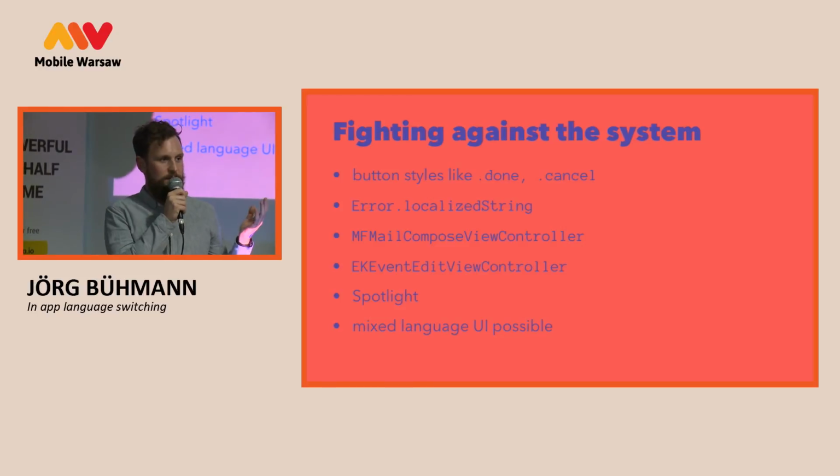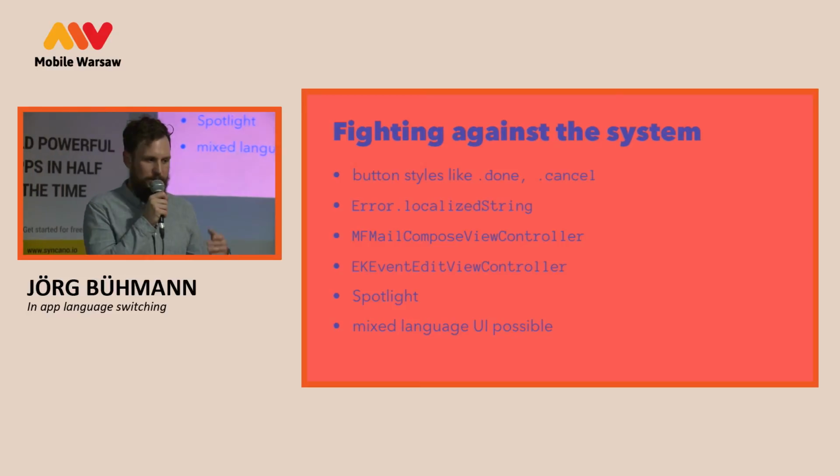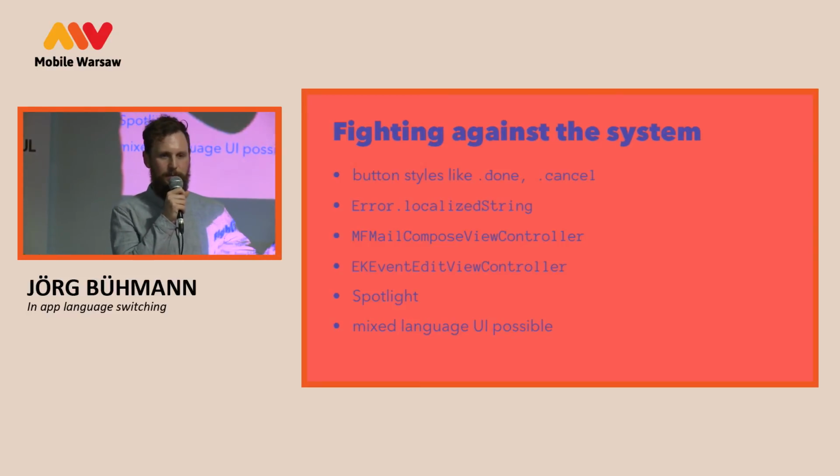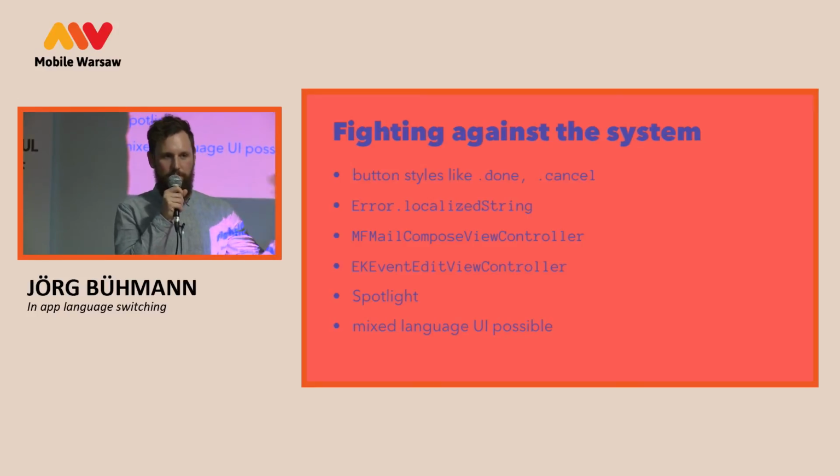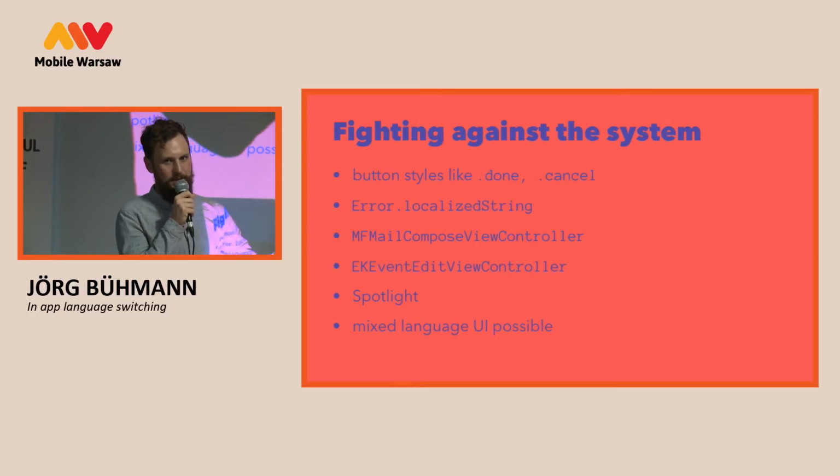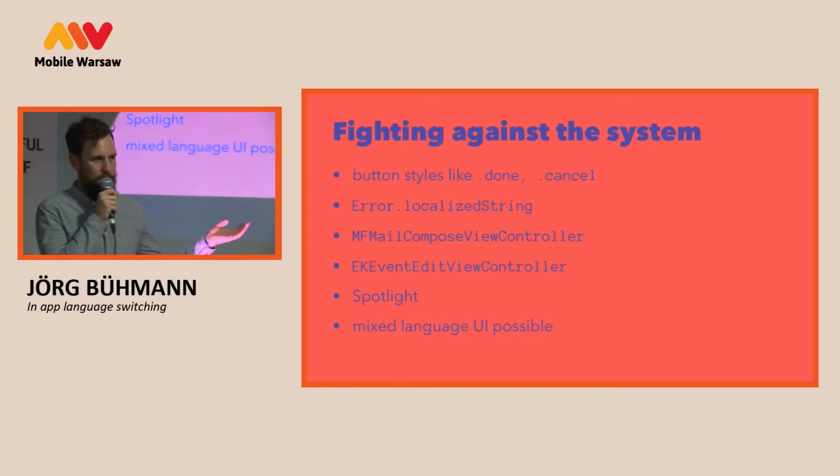When you just call the button a done button, it just localizes it automatically to done in the correct language, or cancel. Then you have system errors, which come from deep APIs, for example, it tells you, oh, this request failed, do you want to try again? Or there's no internet, or disk is full.